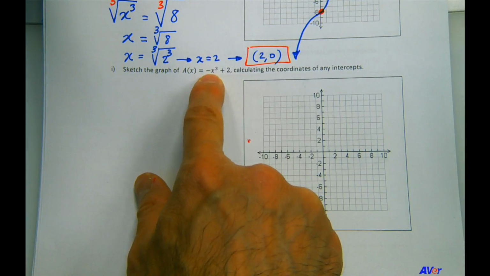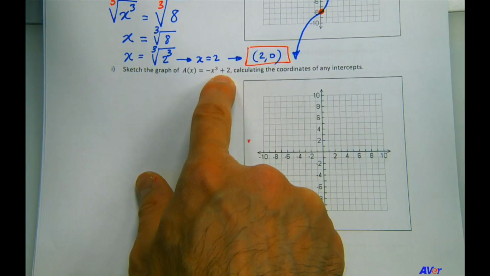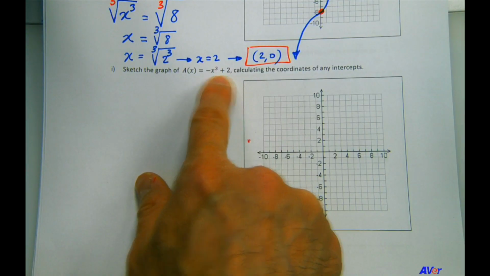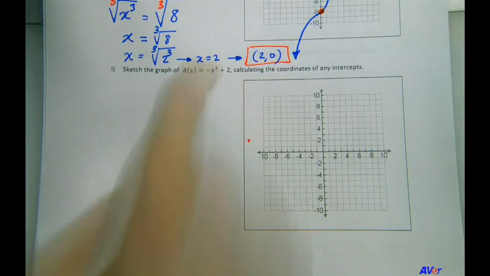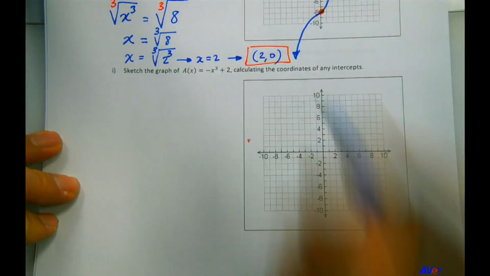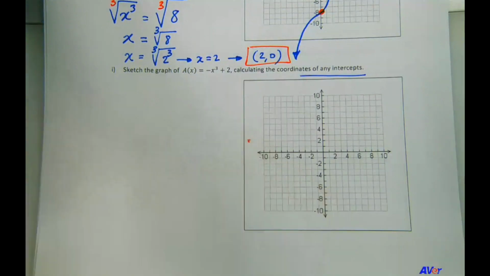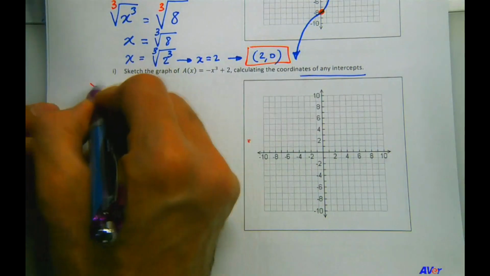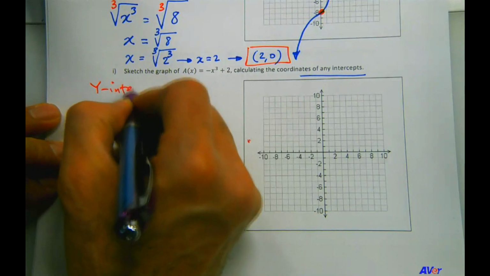Across the y-axis, and then it will move up that inflection point 2 units up. So the vertex, or not the vertex, but let's just call them intercepts. So the x and y intercepts.